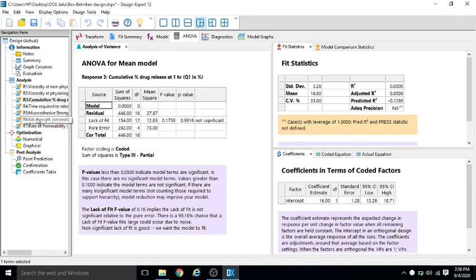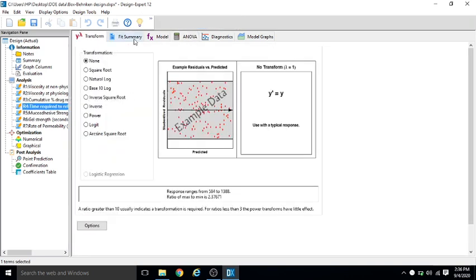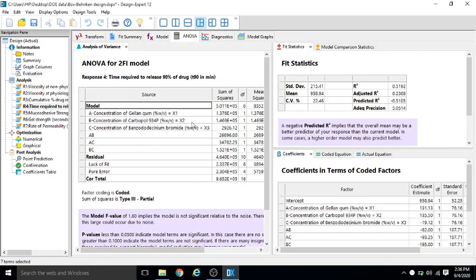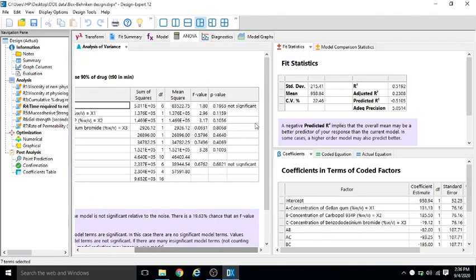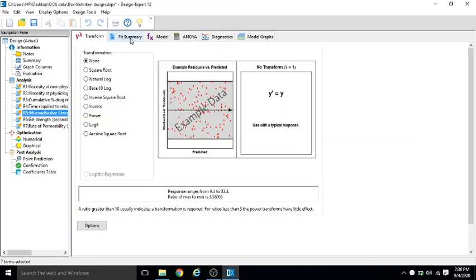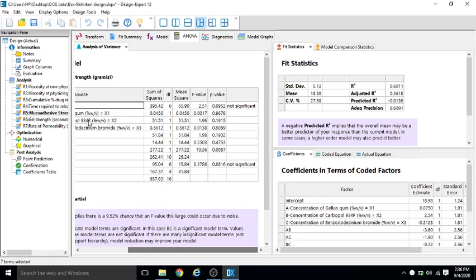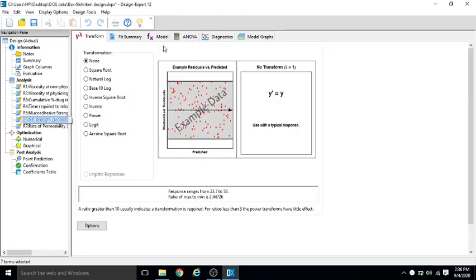So there is some issue with cumulative percentage drug release. Next is the time required to release 90% of the drug. It is not significant again, so the readings we have to change. Again, it is not significant.